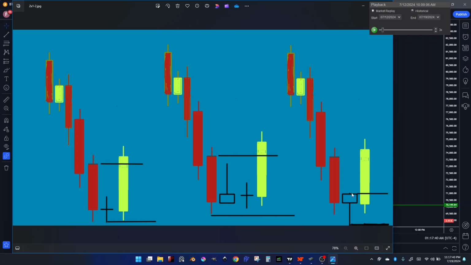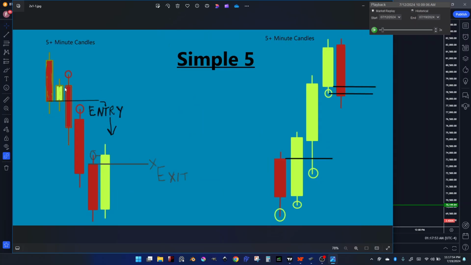Enter at the top of this candle here for long, put your stop down below the lowest point, and continue trailing it up, or just wait until you see a situation where you have that cancellation, where you have a close red that either closes below this open or this wick gets broken. So that would be your exit signal, and also an indication that you could potentially enter short, cover your high point, the highest point.